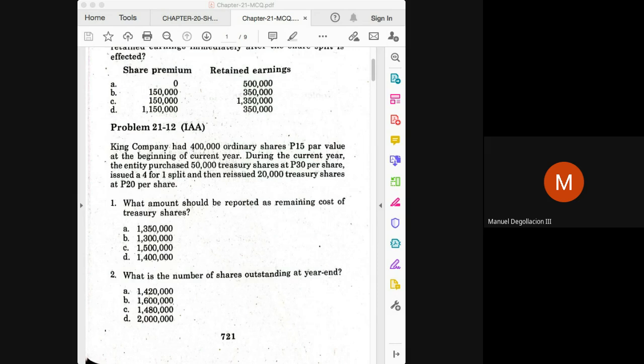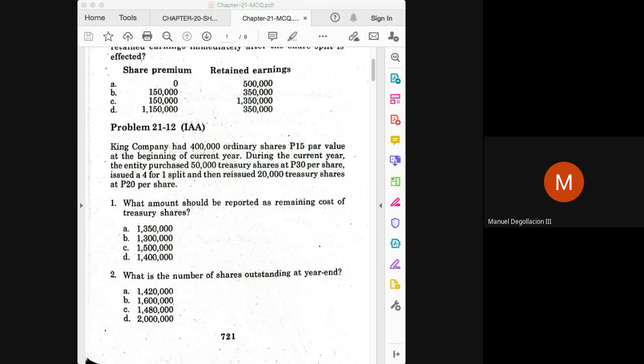The total issued shares would be 1,600,000. Now I want us to update our treasury shares, so that we would be able to get the amount that we will deduct from 1,600,000 to arrive at our answer. Did we have treasury shares during the year? Yes, we had 50,000 treasury shares.